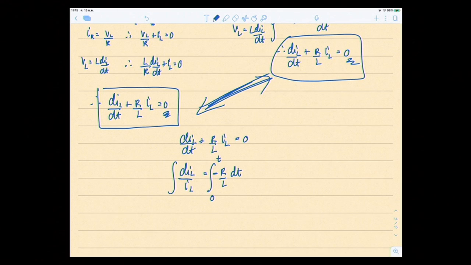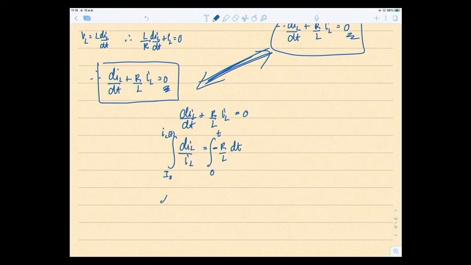At t equal to 0, IL has the value I naught, and at any time t it's some value we don't know yet and want to find. So ln IL from I naught to IL equals minus R over L t from 0 to t.